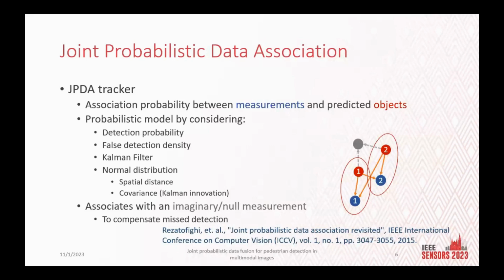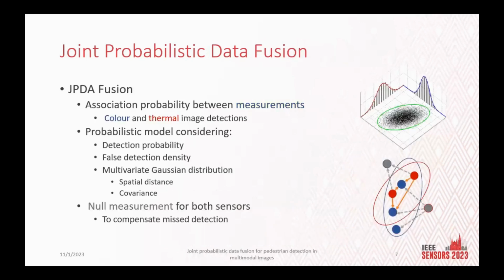So how is this able to deal with a misdetection? By using an image neuronal detection and considering the false detection probability. So we can exploit this part of this method to work for the fusion. What we do here is use the same method, just replacing the association part with the help of a multivariate distribution.